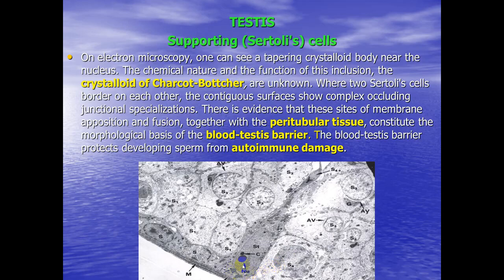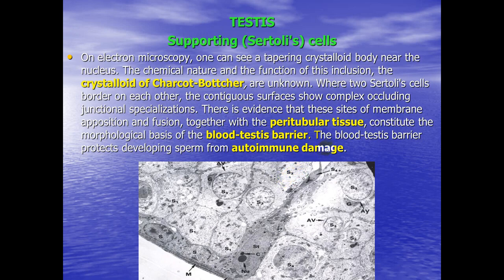And these Sertoli cells, together with the peritubular connective tissue, form the so-called blood-testis barrier. This barrier protects the developing spermatogenic cells from the blood antigens which are present in the circulatory blood, in the blood vessels of the stroma around the seminiferous tubules.